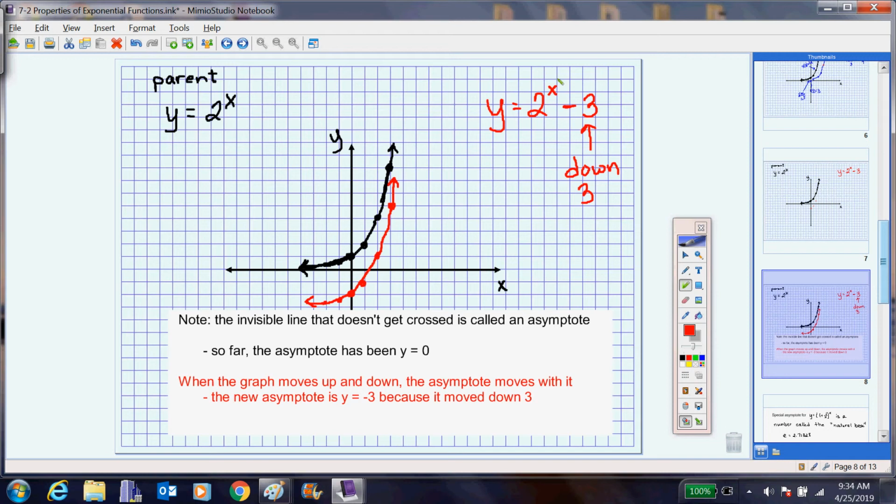Because these values are still approaching 0, approaching 0, approaching 0 from what we had looked at before, and then the whole thing just plunks down to there so that it's approaching negative 3 like that.